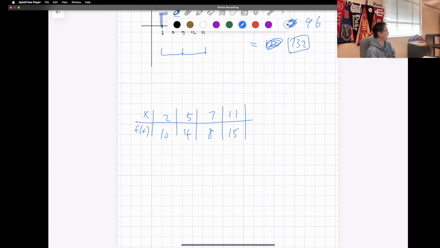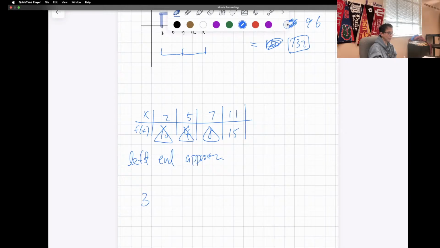So what if I use the left end here? How many spaces are between them? 3. So you should get 3 rectangles, right? Left end is going to be using 10, 4, and 8, right?